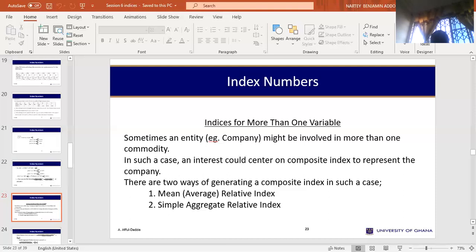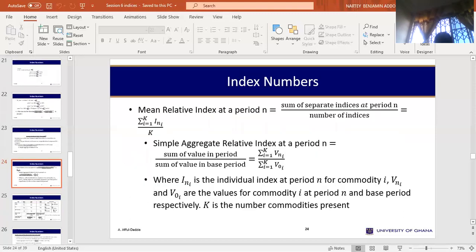The mean aggregate relative index is just finding the average, the mean, dividing by the total number of values. So what do we mean by mean aggregate and simple aggregate?